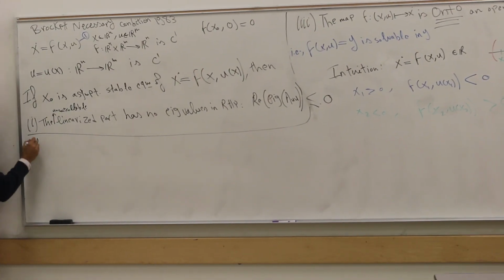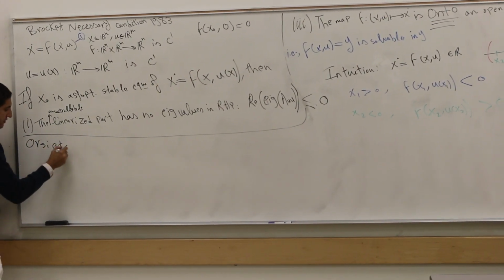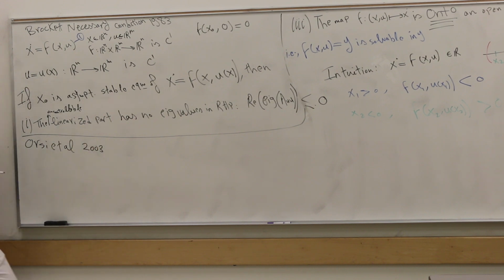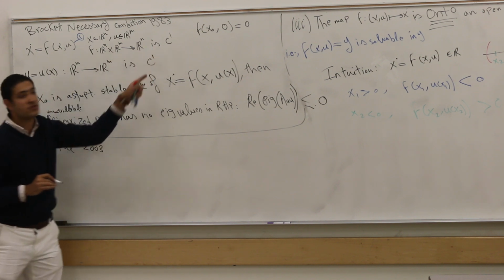This is a paper by Orsi et al., 2003, relatively recent. He said, first of all, this condition actually is a necessary condition for the case of C0, just continuous feedback, not even smooth. Continuous system, continuous feedback.